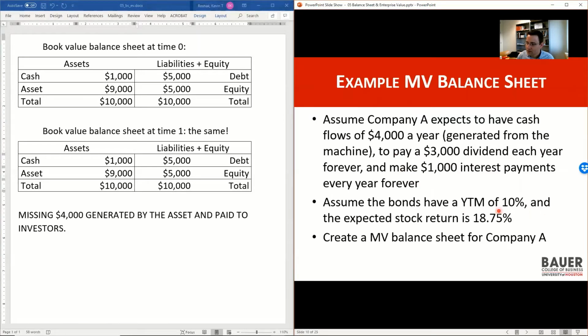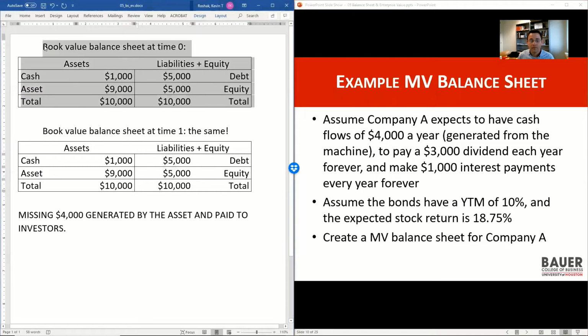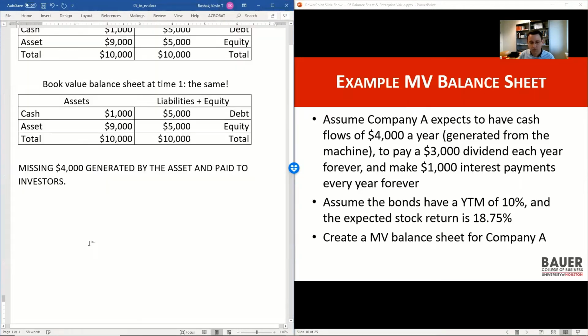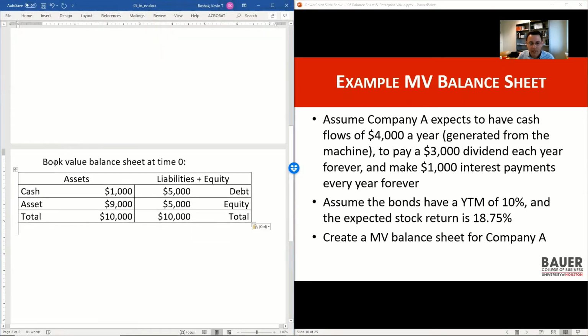The bonds have a yield to maturity of 10%, and the expected stock return is 18.75%. So the question is, can you build a market value balance sheet for this company? So let's set up the balance sheet again, but now we're going to look at the market value.